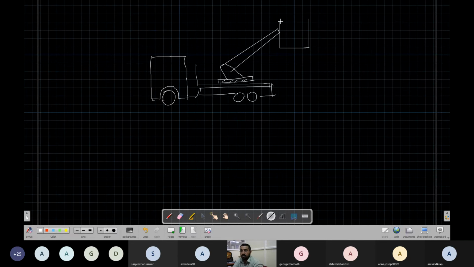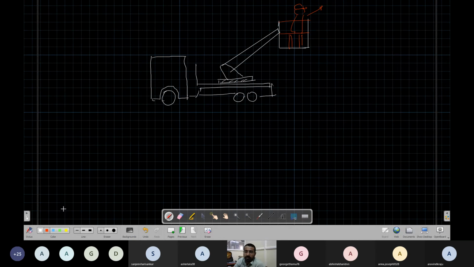You might have seen this in front of a truck. So there will be keys and all. So there will be one person standing here.